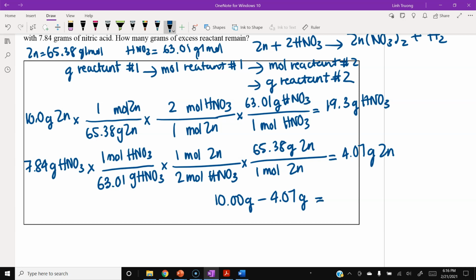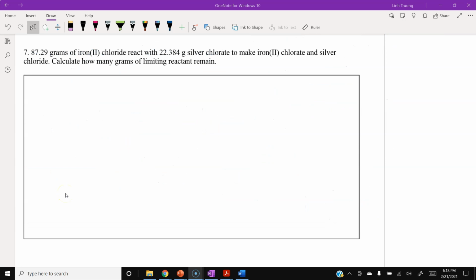So the answer is 5.93 gram of zinc left over. The 4.07 gram here is the gram of zinc that gets used up in the reaction. We have 10 gram, we used 4.07 gram, so what we have is 5.93 gram left over. Alright, and the answer to this last question is how many grams of limiting reactant remains.